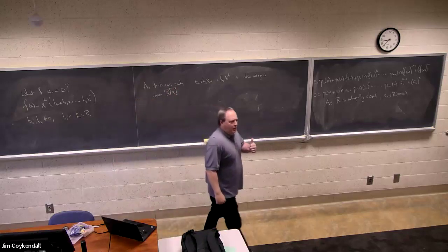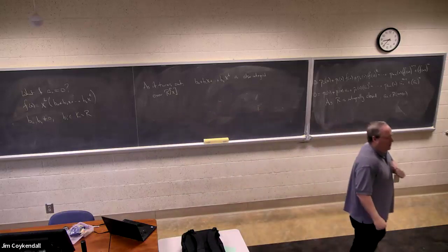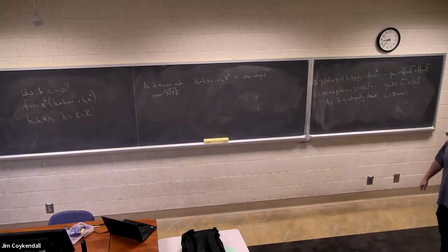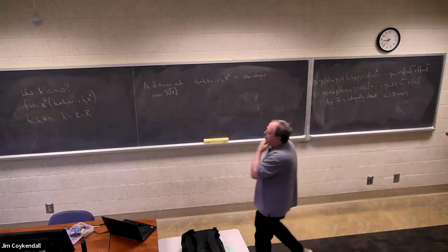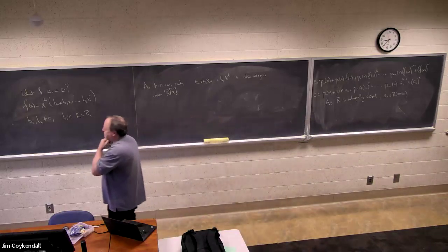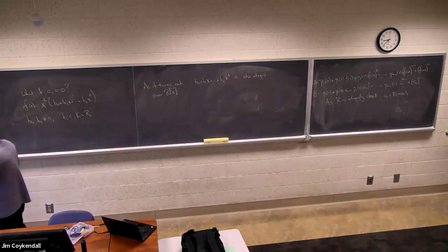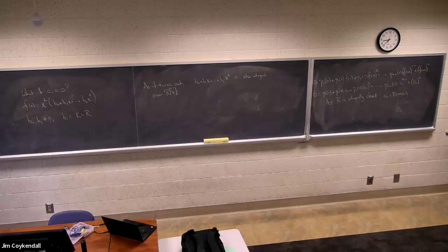I can think of an easy way to do this with some stuff that we haven't talked about yet, but I suspect there's a way to slip out of this. Yes, I know how.